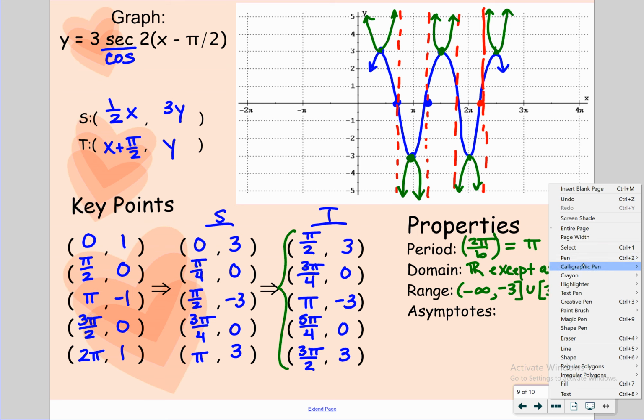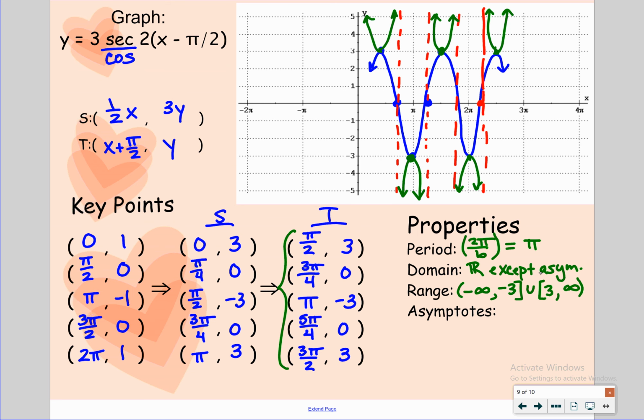To get the asymptotes, I don't usually look at the graph for these. I look at the points I plotted. Remember, the asymptotes came from where it was an x-intercept, where y was 0. So 3 pi over 4 was where there was a 0, and 5 pi over 4 is where there was a 0. So those two are actually asymptotes on our graph now. I'm going to use those to help me.